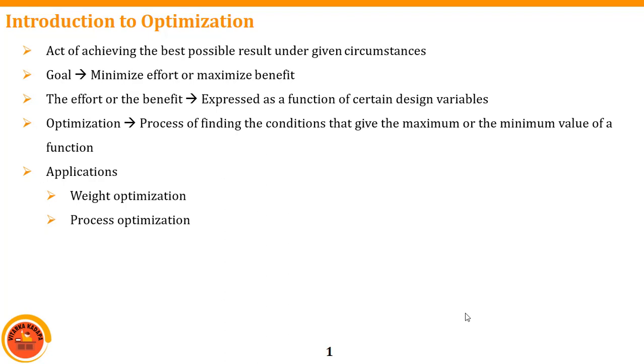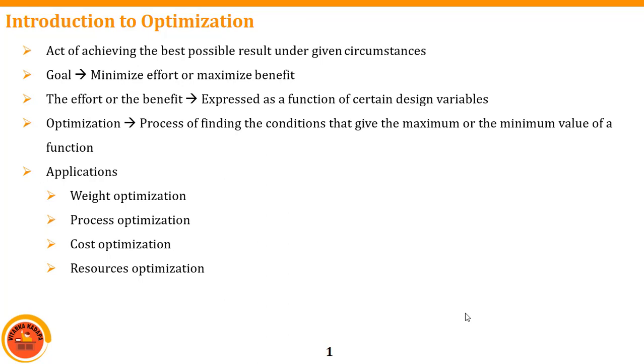So the process has to be made efficient, and that is process optimization. Then cost optimization: if a product is released into the market at a high cost, customers don't show interest in purchasing it. So I have to go for cost optimization.